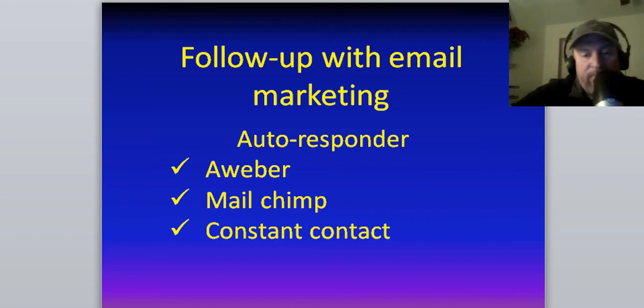So I have Aweber. I have heard from another marketer that MailChimp actually has a better, what is it called? Better delivery rate. Okay. I don't know if this is true or not. I've been very happy with Aweber.